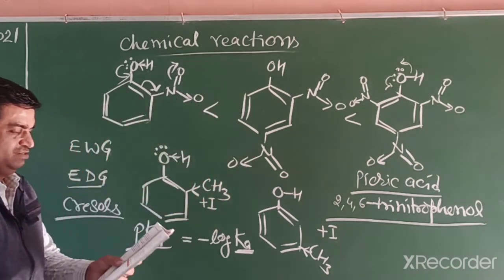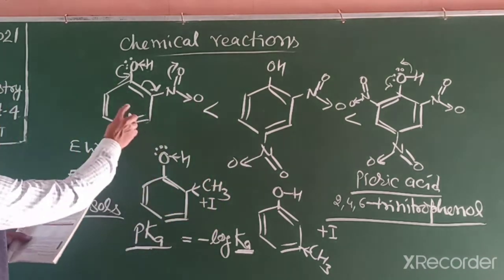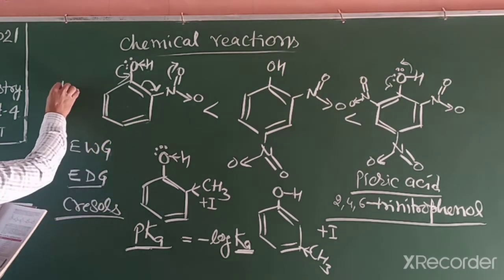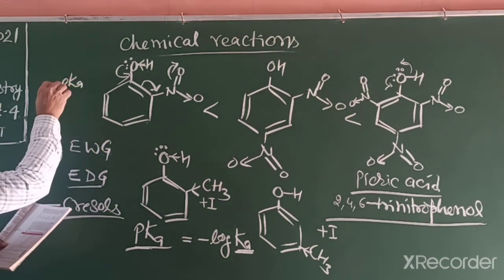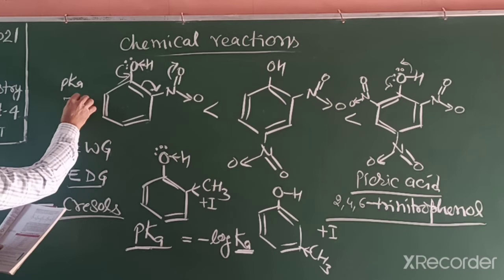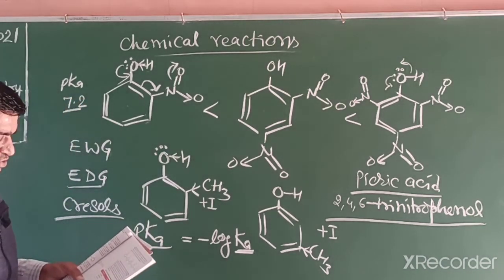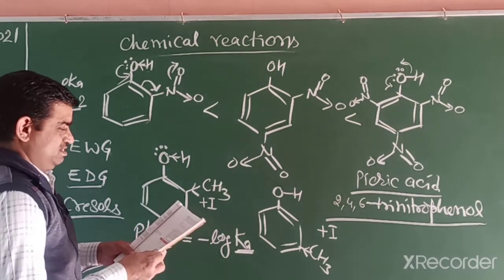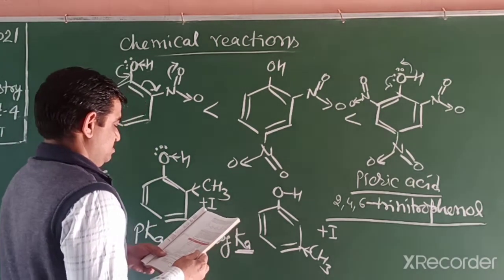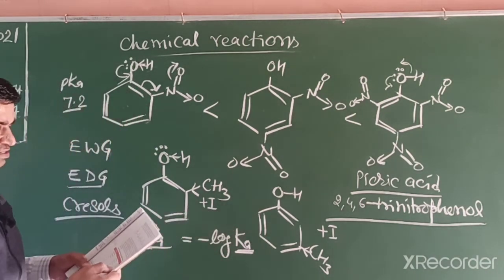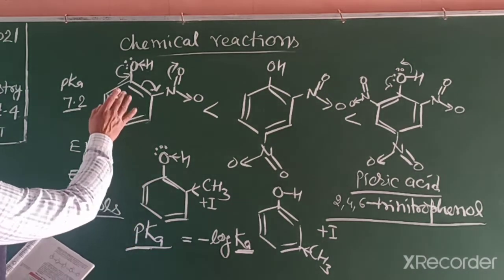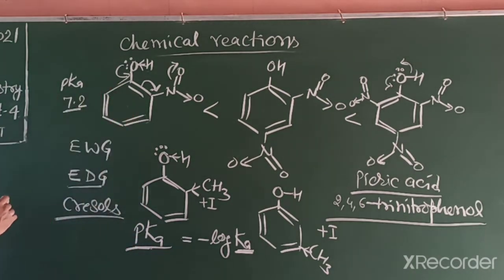Orthonitrophenol pKa value given in your table is 7.2, and metanitrophenol is 8.3.